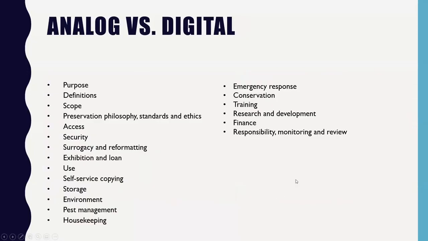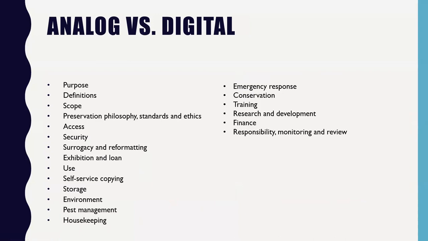So next we'll talk about some of the different types of information that may be included in a preservation policy or program document as opposed to a digital preservation policy / program.